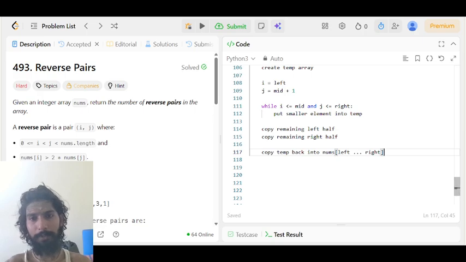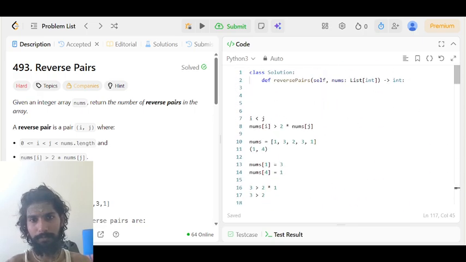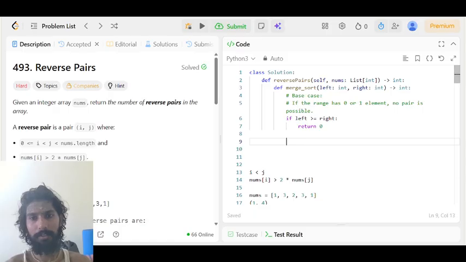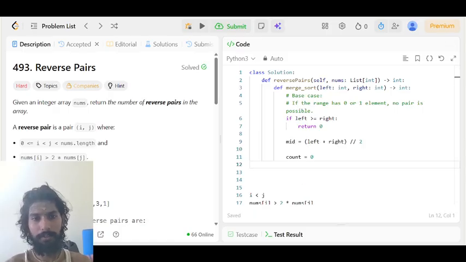Now let's write down the main Python code. So we will create one function, merge sort. Write the base case like we did before. Then initialize the mid and the count. Then we count reverse pairs recursively in the left and right half.